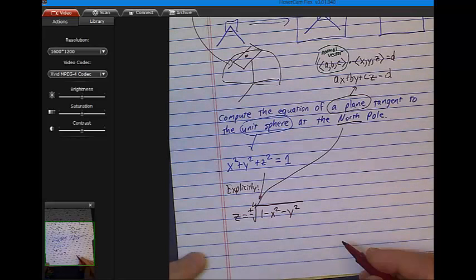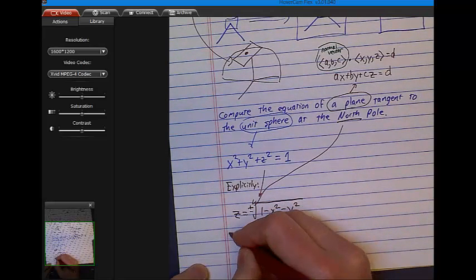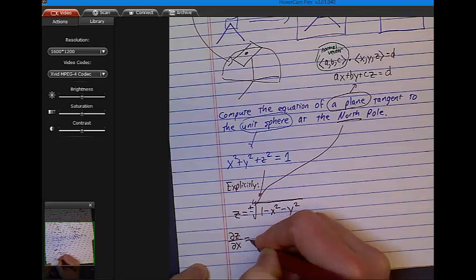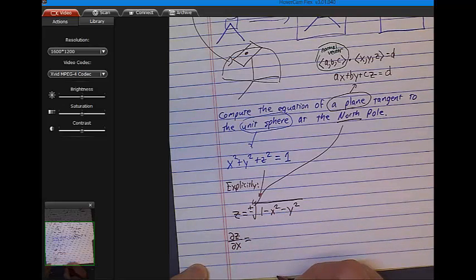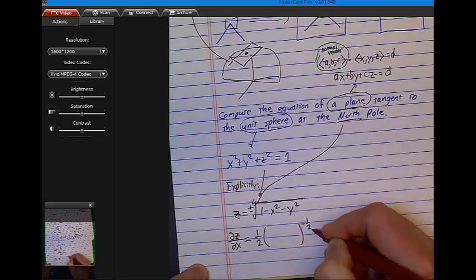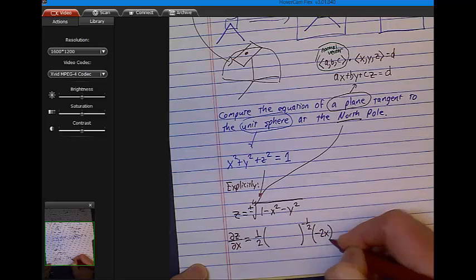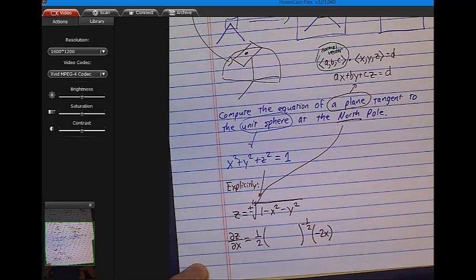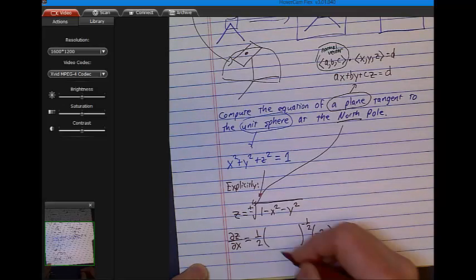And then, how do you compute, for example, the partial with respect to x? Is that okay? So you get all this.